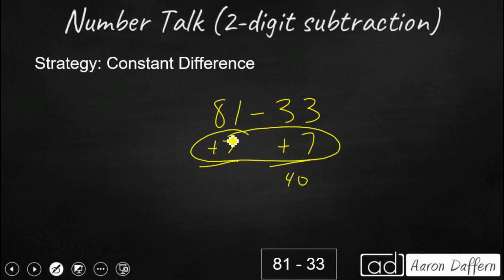We're changing both numbers to easier numbers, but since they're the same number that we're adding to both, it's a 7, they're going to be a constant difference. And so we have a brand new problem, 88 minus 40. But that's the same answer as 81 minus 33 because I changed both terms the same way. And look at that. 88 minus 40, super easy, no regrouping needed, 48. So that's called constant difference.